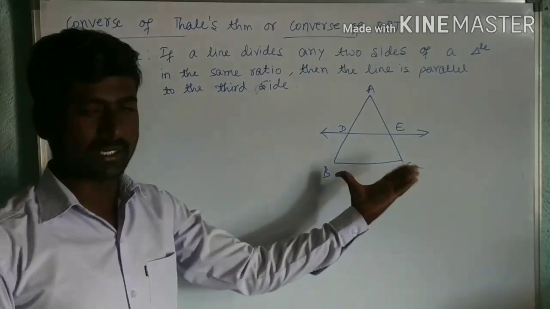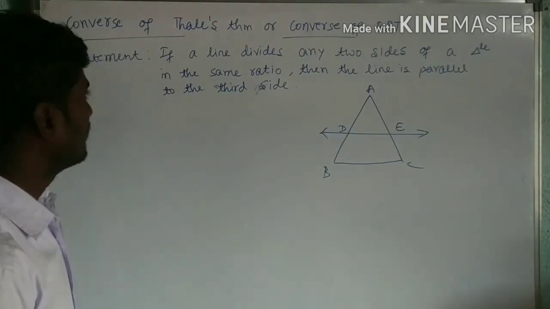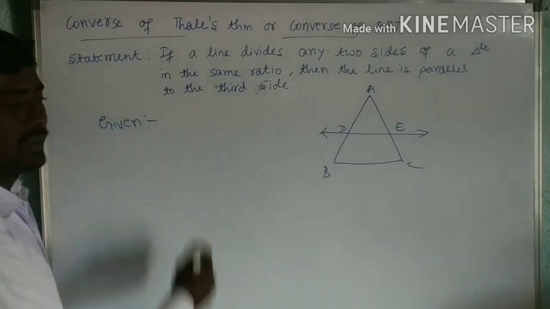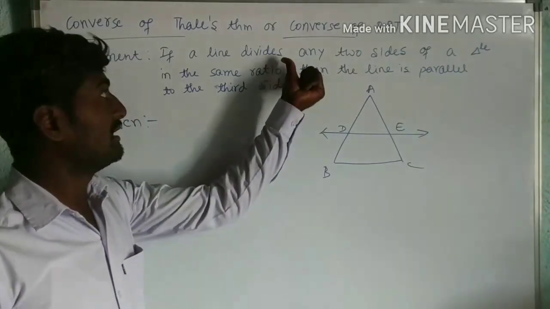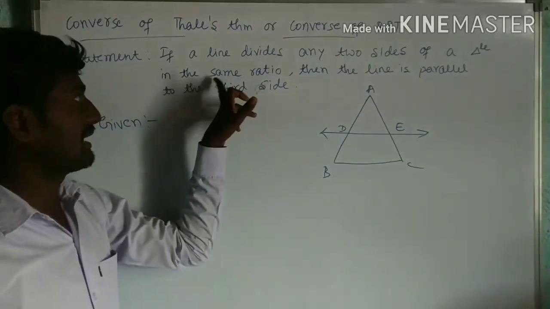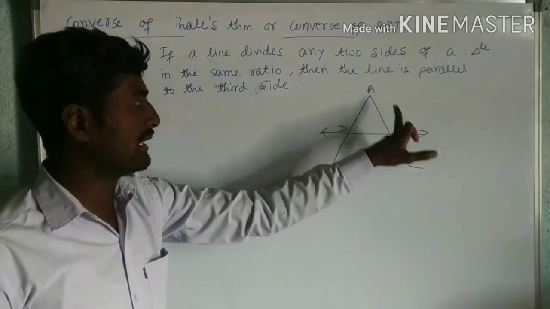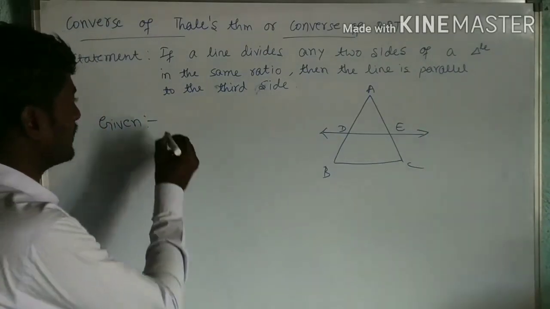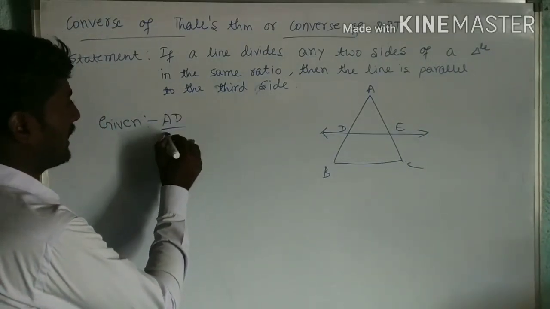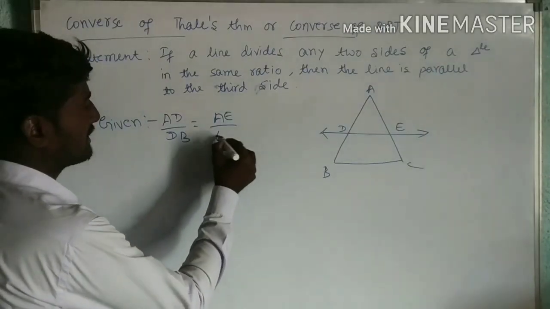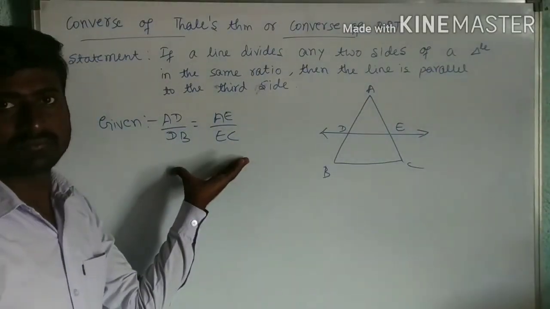Now first I will take the given. What is the given condition here? They said that two sides of a triangle are divided in the same ratio. It means AD divided by DB is equal to AE divided by EC. This is the given.